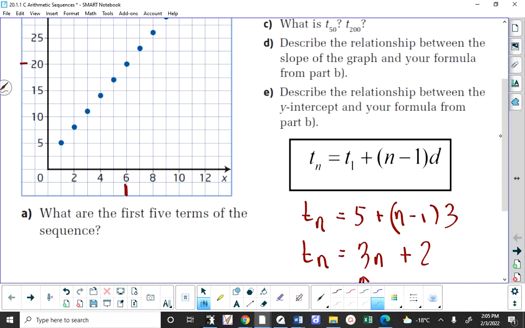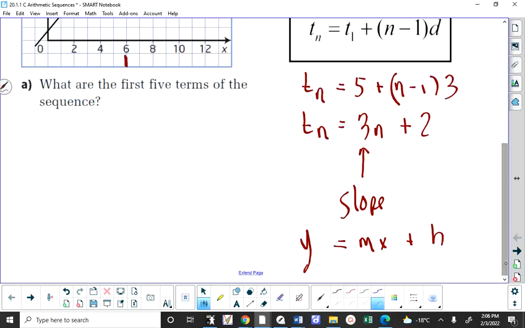But what they're saying is, if you were allowed to extend this to see a y-intercept, what's the connection between the mathematical y-intercept and your equation? And the answer is that this is the y-intercept. It's just that's a B, not an H. It's just trying to get you to see a connection between this and y equals mx plus b, which is a linear function from grade 10.